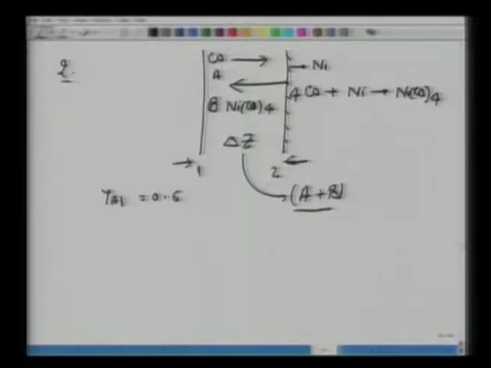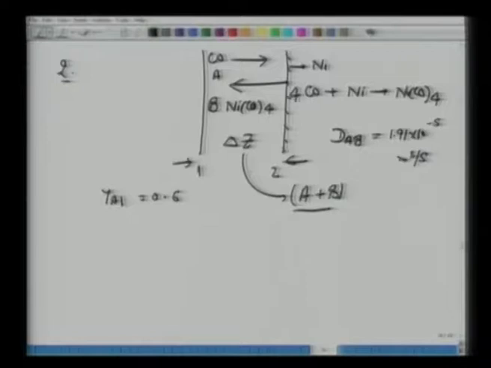Now we go back and apply the physical properties. The system is given: DAB of carbon monoxide in nickel carbonyl, or nickel carbonyl in carbon monoxide, is 1.91 times 10 to the power minus 5 meters squared per second.